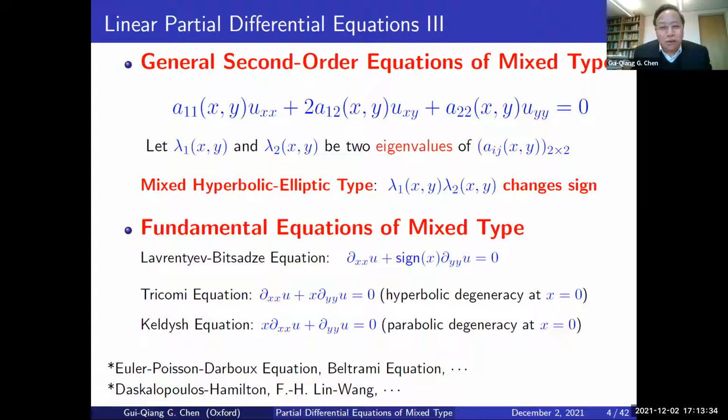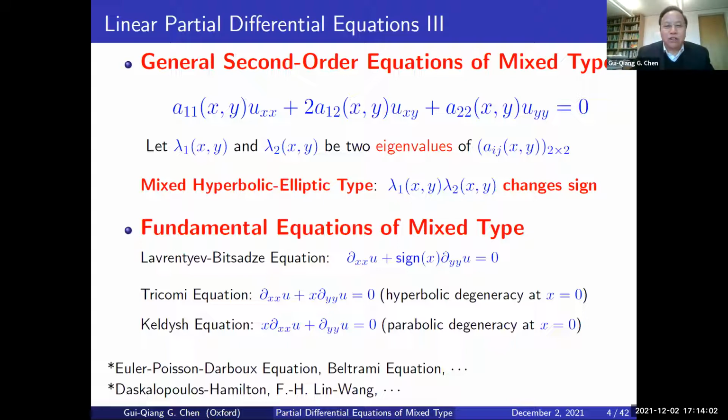Before you solve the problem, you don't know which region is elliptic and which region is hyperbolic. Only once you get an a priori estimate or a certain gradient estimate can you decide which part of the domain is elliptic and which part is hyperbolic. Before that, you don't know that. So this is really one of the essential difficulties.